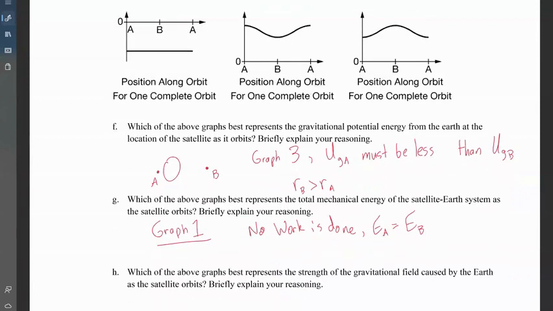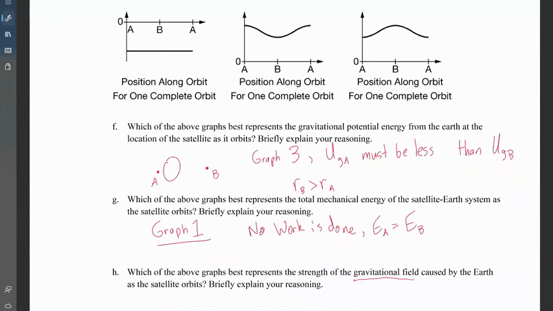Okay, which of the graphs best represents the strength of the gravitational field? Here's something that they really like: they love talking about fields. Essentially, a field is just how strong is the acceleration. And we know that the closer we get, the greater the force, which means the greater the acceleration. So the further we get, the less the force, the smaller the acceleration.